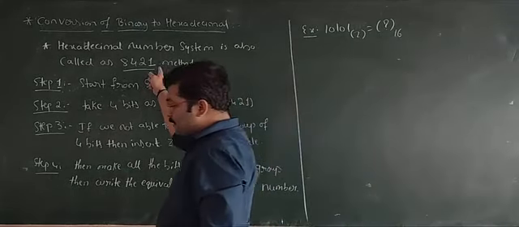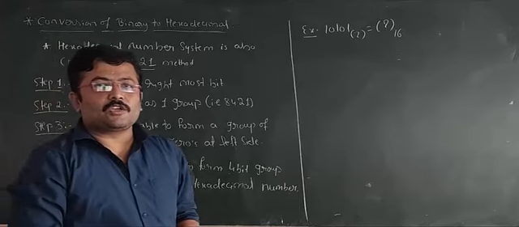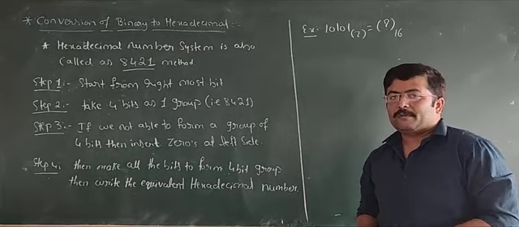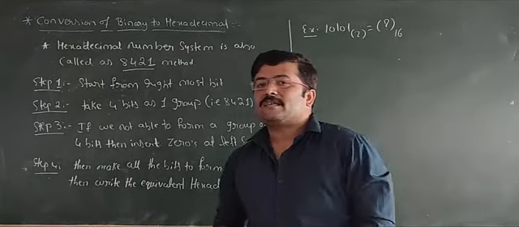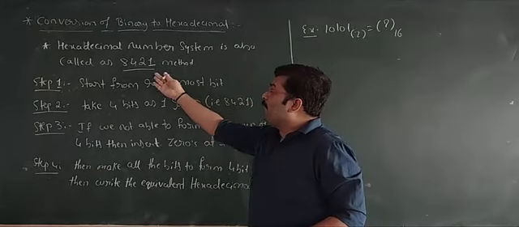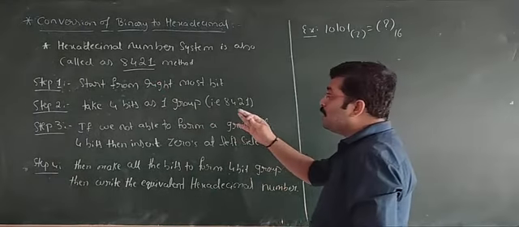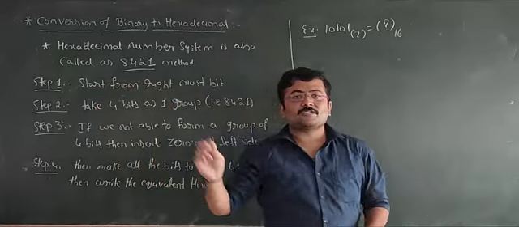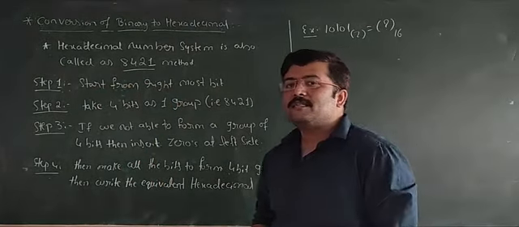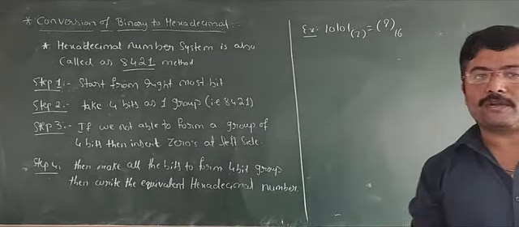Hexadecimal consists of 0 to 15 digits, which is why it is called the 8 4 2 1 method. 8 4 2 1 means add all these digits: 8 plus 4 is 12, 12 plus 2 is 14, 14 plus 1 is 15. So the values under hexadecimal are 0 to 15.